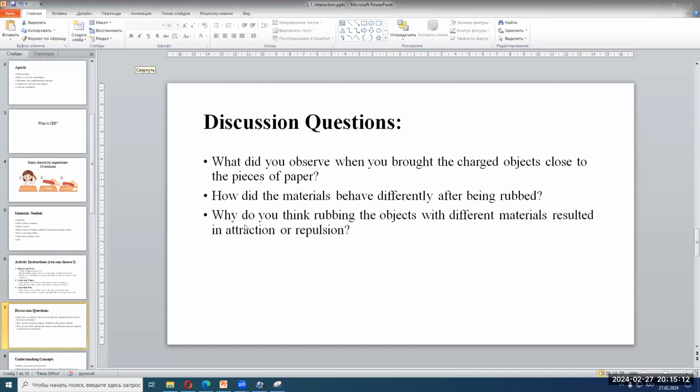Here I planned to divide into breakout rooms, but I think we can skip this part and discuss here. So your answers, please.